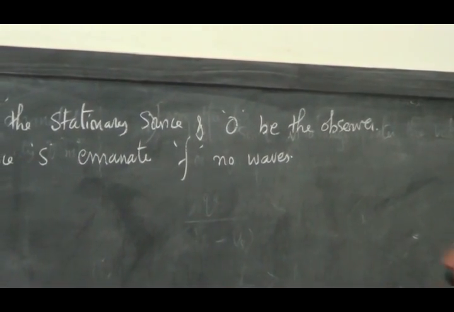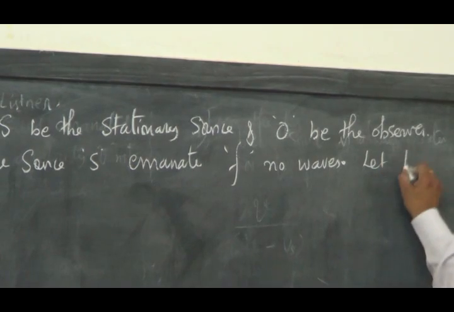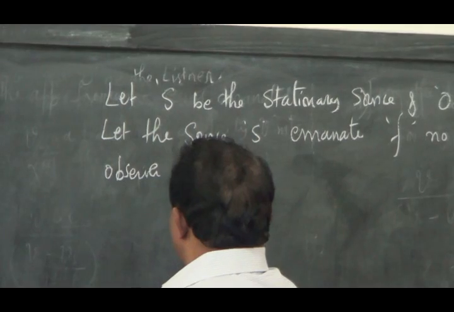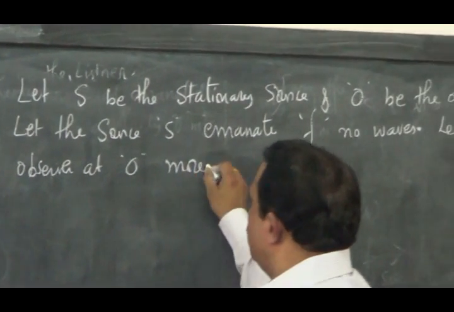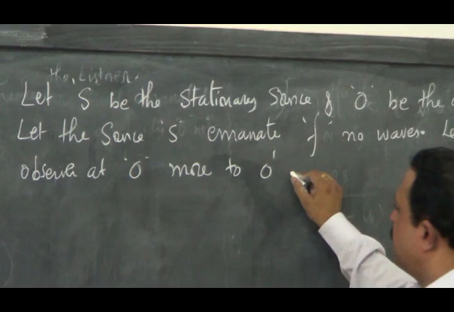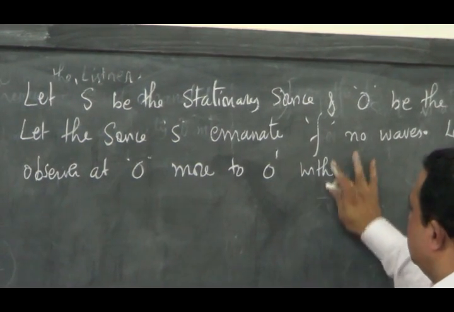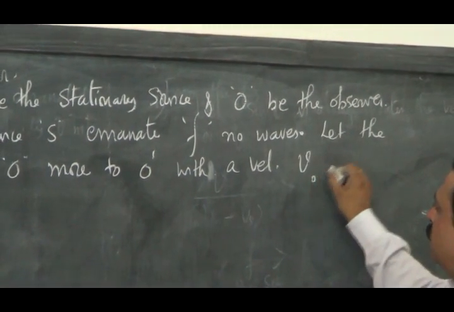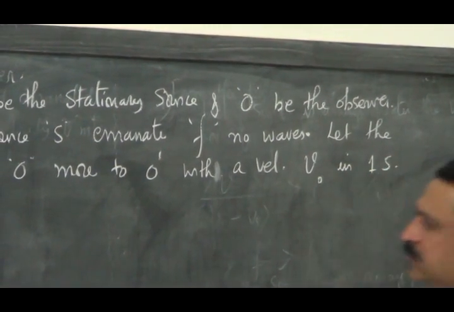That means it sends out some waves and that should have some frequency, and that frequency we are giving as F. F number of waves. Let the observer at O move to O dash with a velocity VO in 1 second.